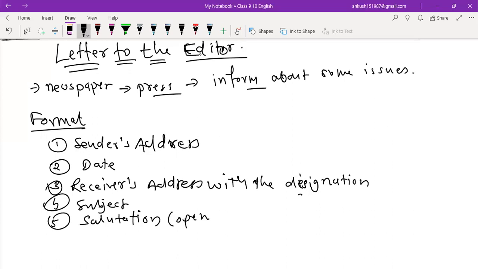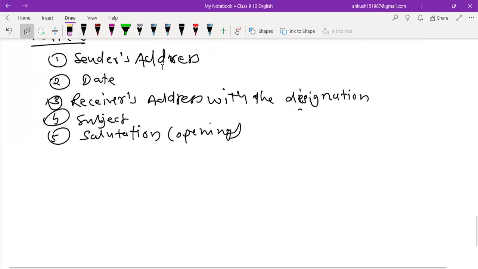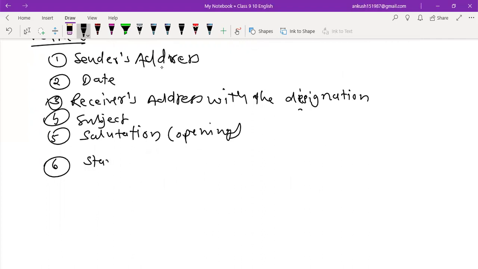Whenever we start writing, after the opening salutation, the sixth point is you start writing the body of the letter.